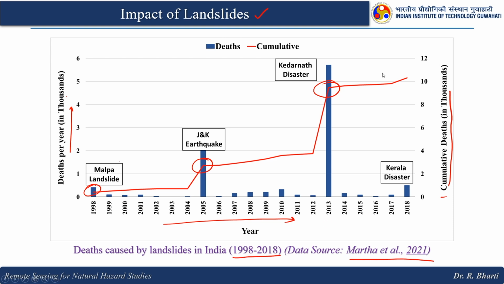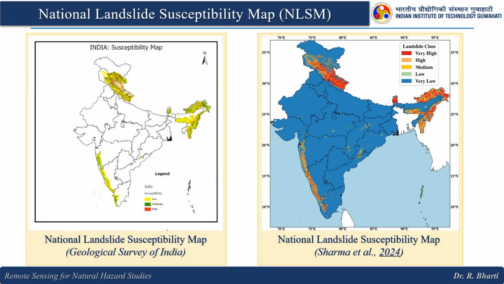So we have to be very careful while analyzing, and when we are talking about the early warning system for landslide hazard, here you can see this is the map from Geological Survey of India. It is the landslide susceptibility map, and here three colors have been used.